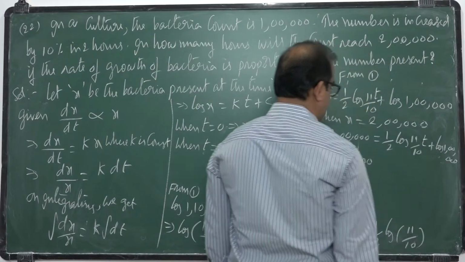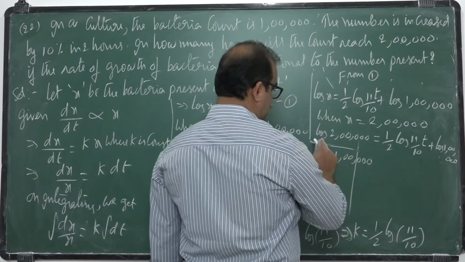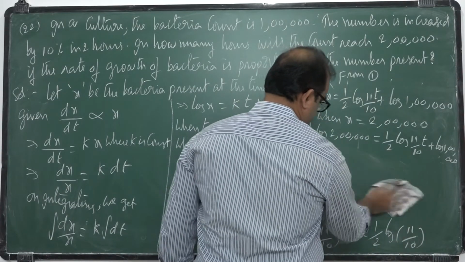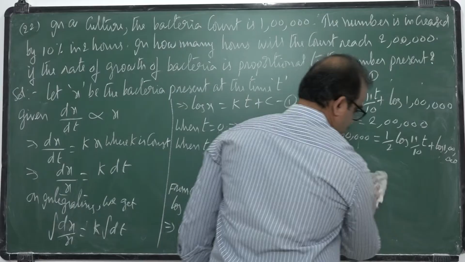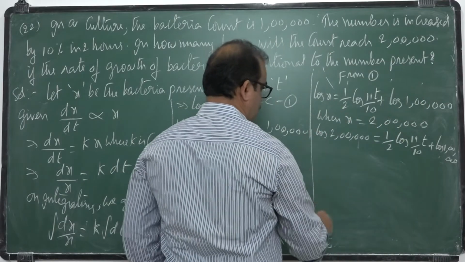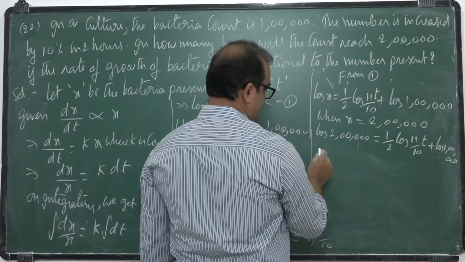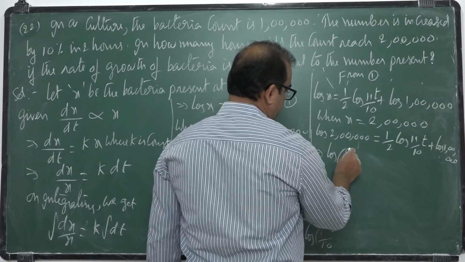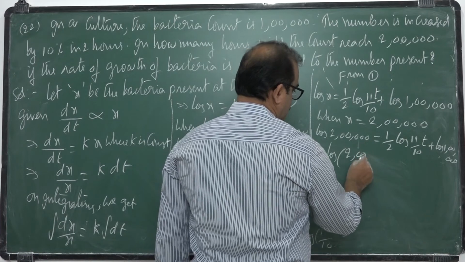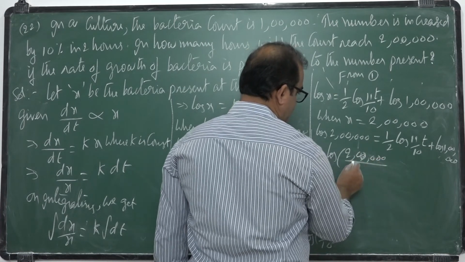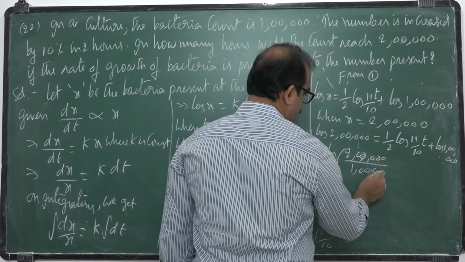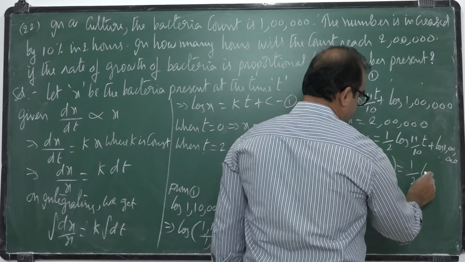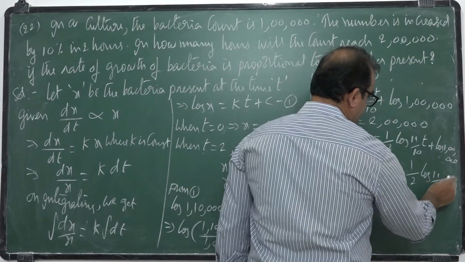3 zeros cancel. Okay, take this logarithm term to this side. It becomes log m minus log n, that is log of m by n. 2 lakh by 1 lakh is equal to 1 by 2 into log 11 by 10 into t.